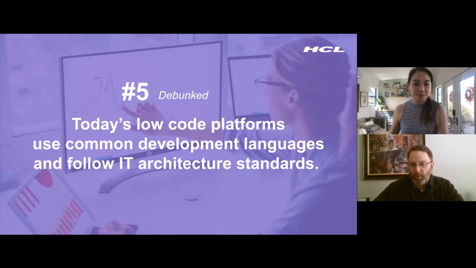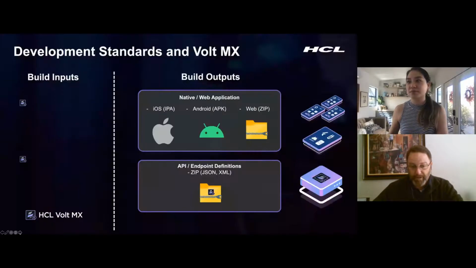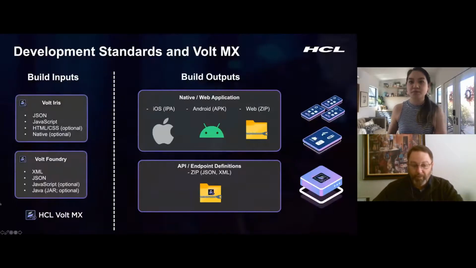I think what's more important to look at is what kind of technology that vendor is using to produce the output from that platform, and whether that's going to create any sort of lock-in concern. So if you look at something like VoltMX, for example, we use as part of our build inputs all just industry standard stuff. It's JSON, it's JavaScript, it's HTML, it's CSS. We also have the opportunity to use native code.